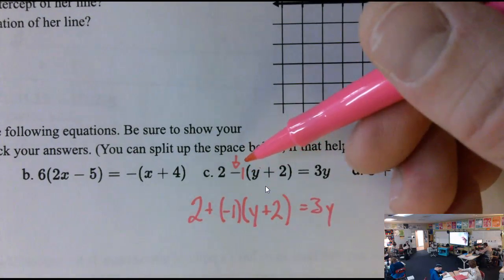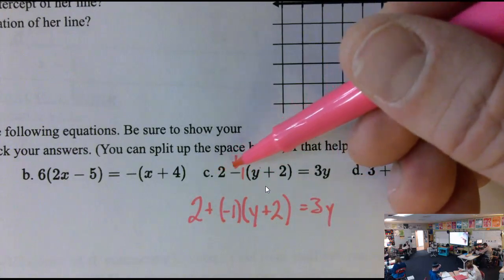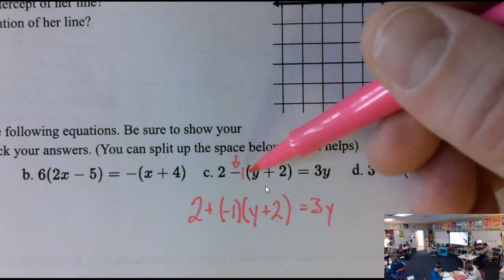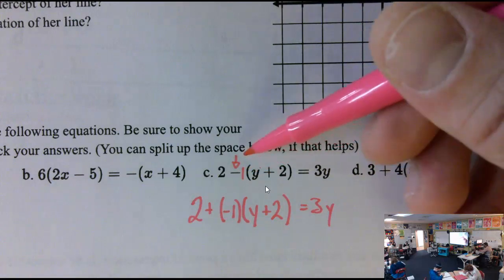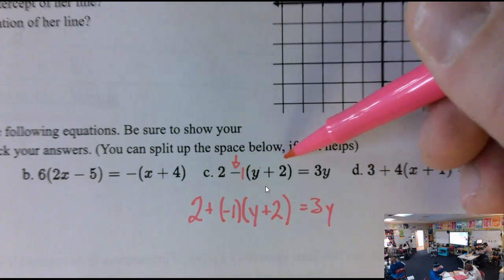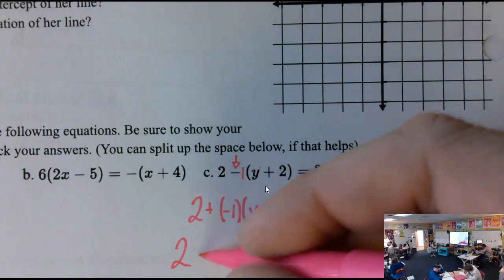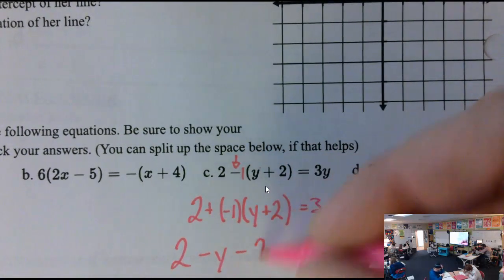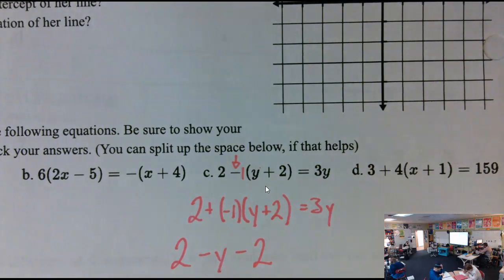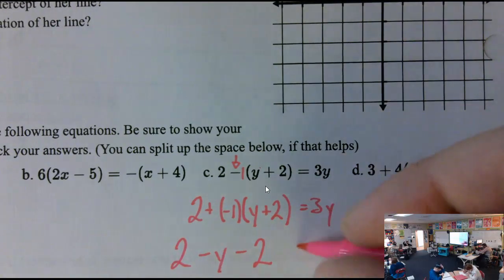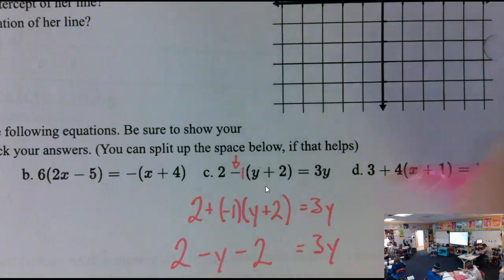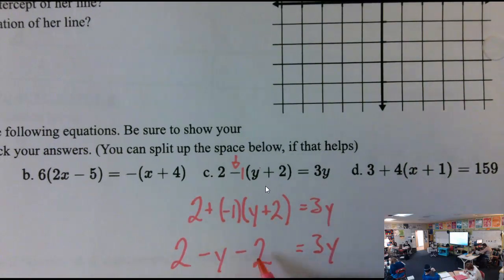So this is saying 2 minus 1 of y plus 2. Well, if I minus a y and minus a 2, really they're both becoming negative. So this should be 2, a negative y, and a negative 2. But you could write them as subtraction since most of you are stuck on subtraction. The 2 and the minus 2 cancel each other out.